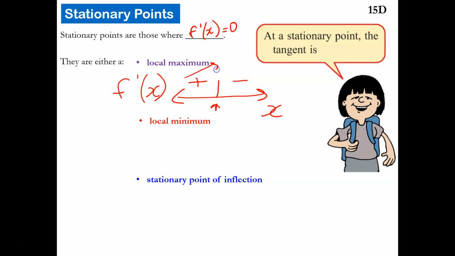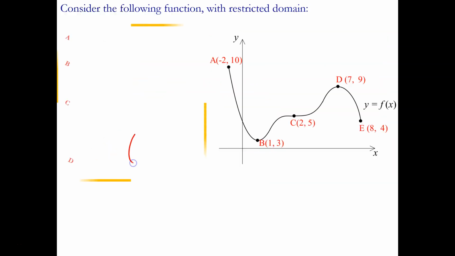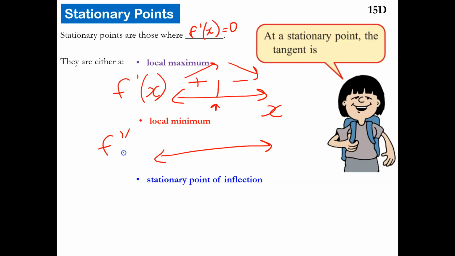In other words, your function's increasing and then it's decreasing. If you have a local minimum, again, you draw the sign diagram of the derivative. If it's going down and then it's going up, it would have to be minus plus.